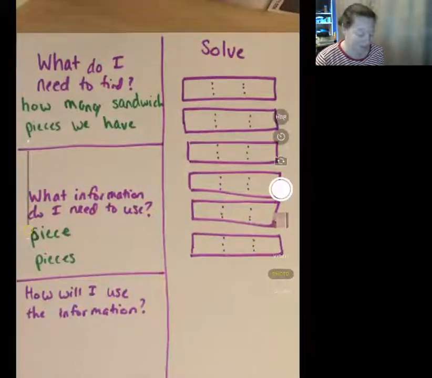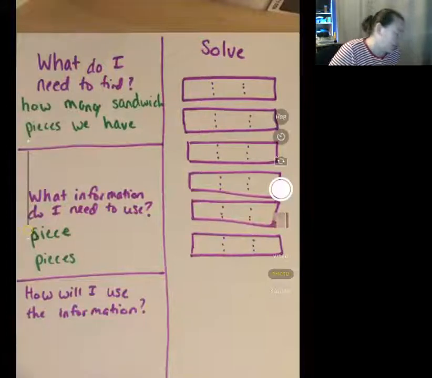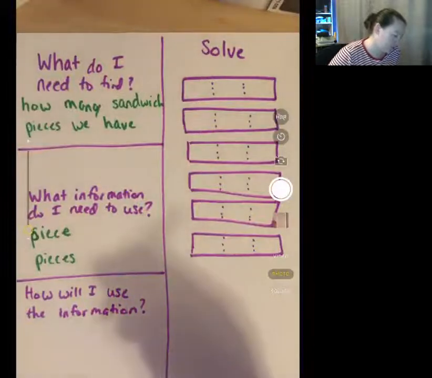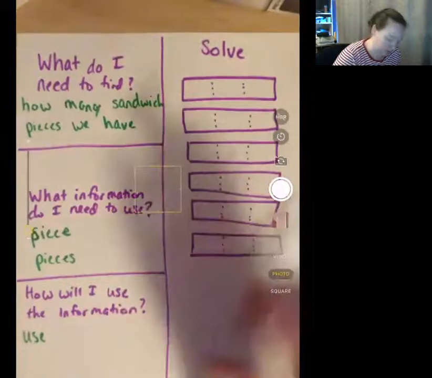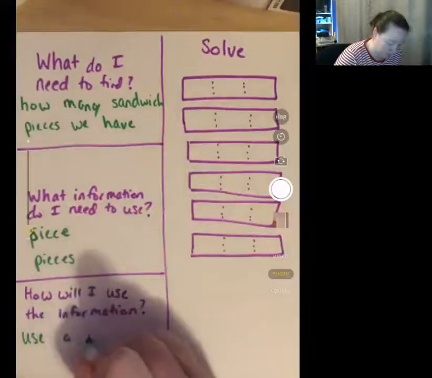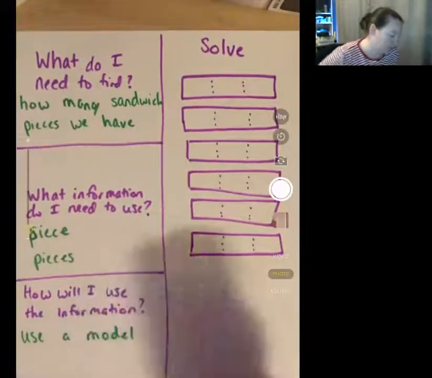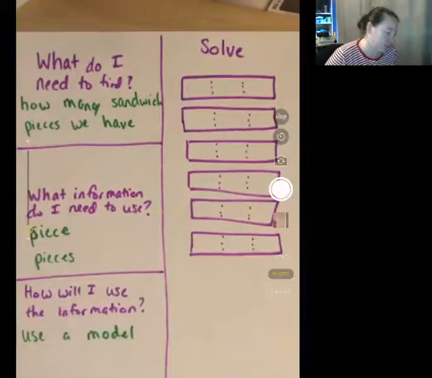Really? Okay. How will I use this information? I can use a model. It looks like that's what they decided to do over here anyway. So I'm just going to put down use a model. I can use a model to organize the information from the problem.